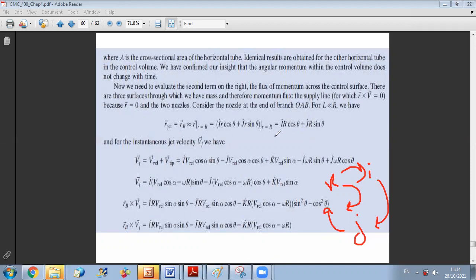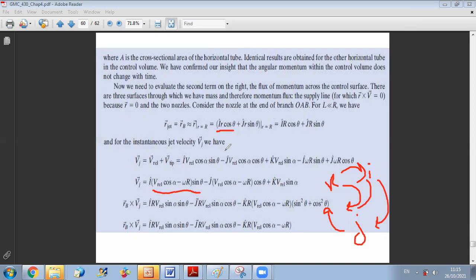For example, all you have to do is expand term by term. You start with the I R cosine theta term vectorial this term, but you know that I vectorial I is 0, so this term will cancel out. Then you move to the second term. You have I vectorial J. If you turn in the positive direction from I to J, it will give you plus K. But already you have a minus before J, so this is minus K times this result.